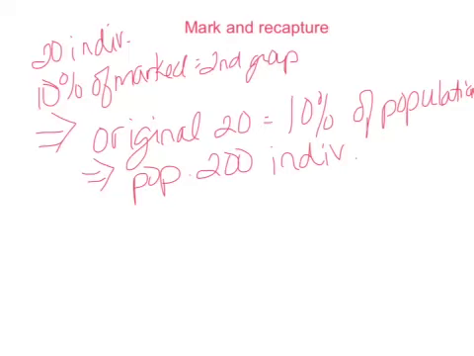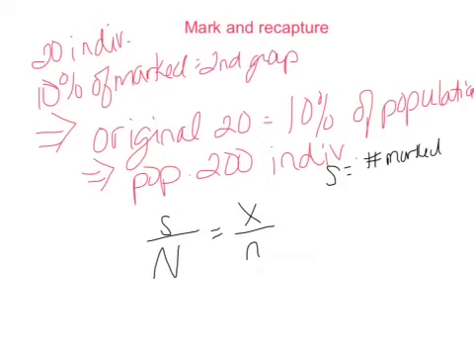There is an equation for this, and we're going to be doing plenty of equations, as I'm sure you saw on your formula chart. It's S over N equals X over little n. S is the number marked in the first sample, for instance the 20 that I had. X is the number marked in the second sample.